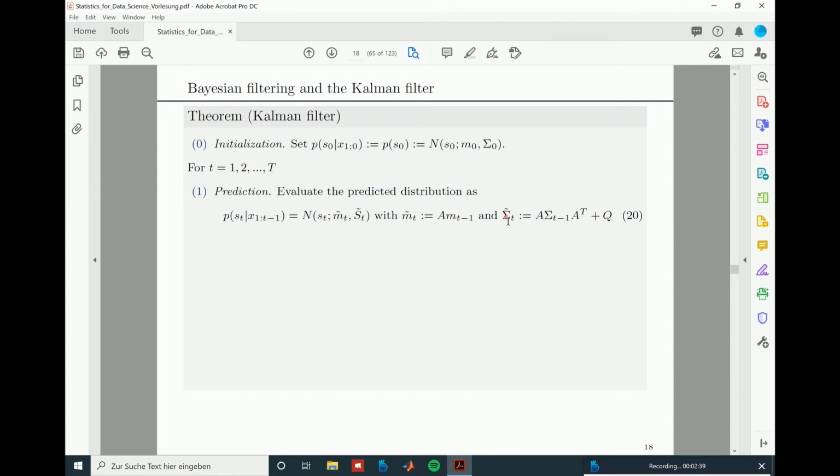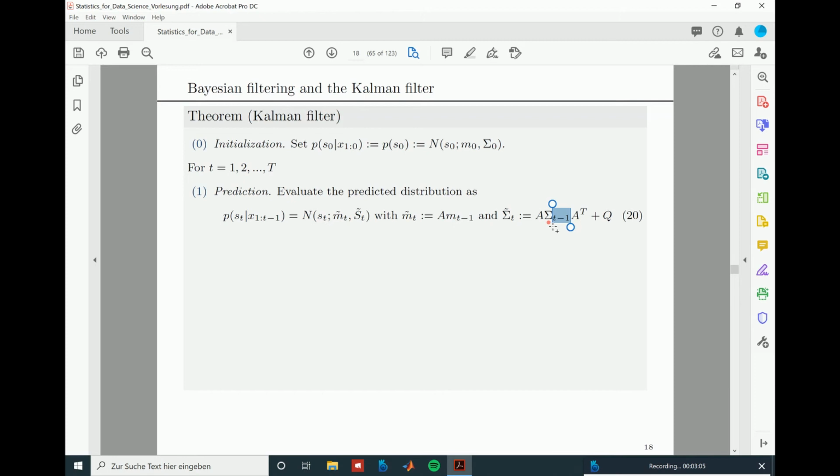And the variance parameter of the predicted distribution you also get by basically putting together the parameters that you know. So the transition probability matrix, the filtered matrix at t minus 1.